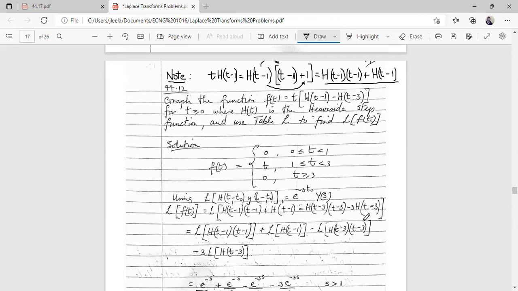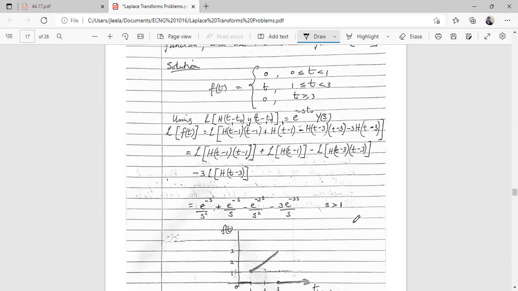Now I can apply the Laplace to that. I'll get the Laplace of h of t minus 1 times t minus 1, plus the Laplace of h of t minus 1, minus the Laplace of h of t minus 3 times t minus 3, subtract 3 times the Laplace of h of t minus 3.